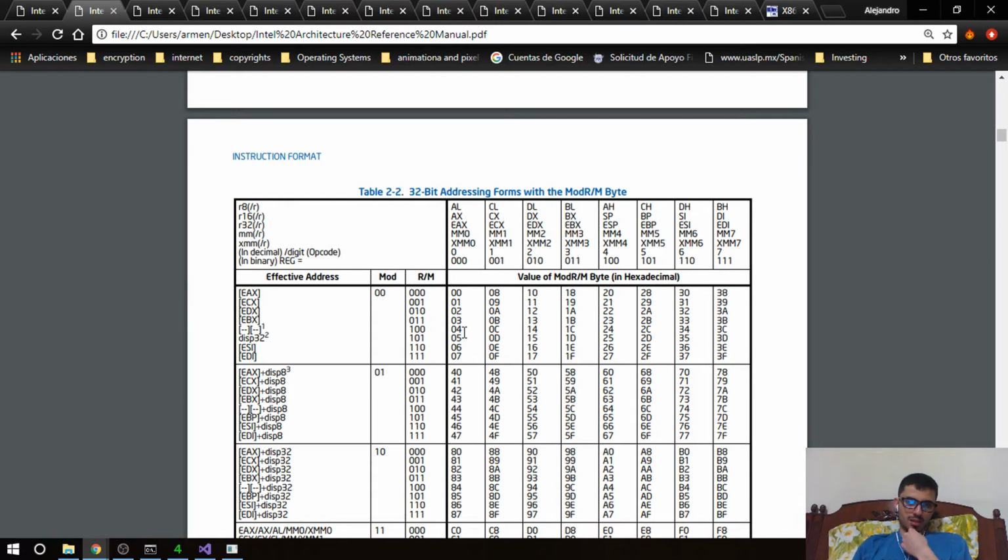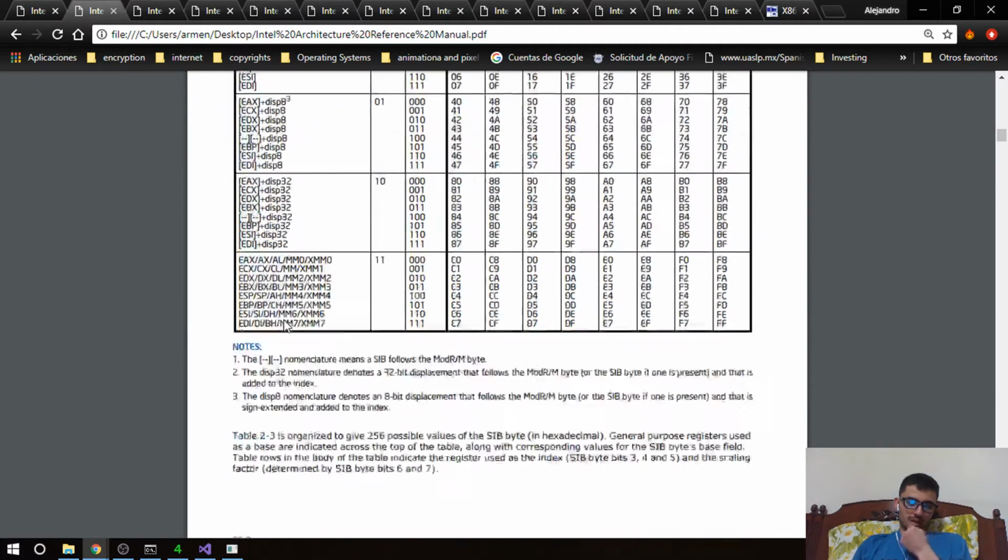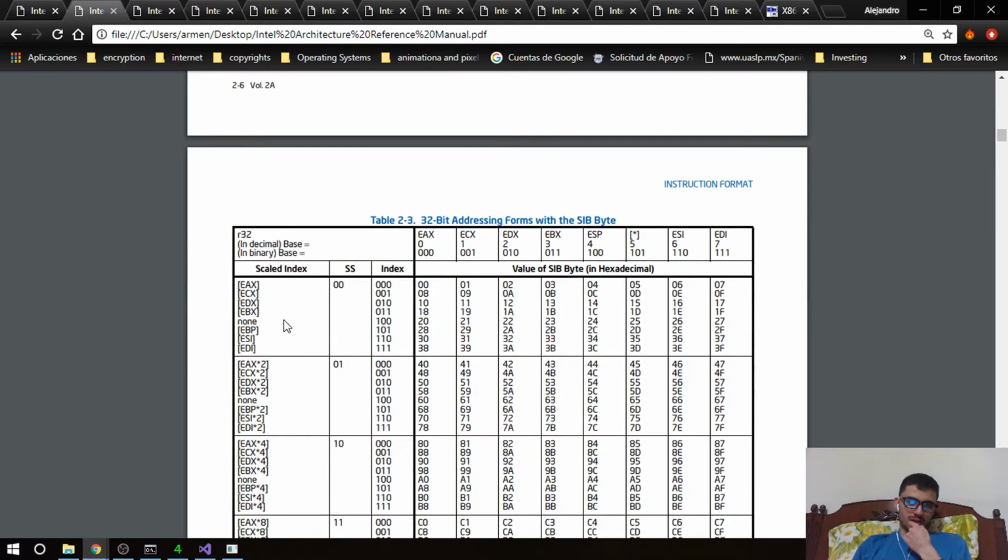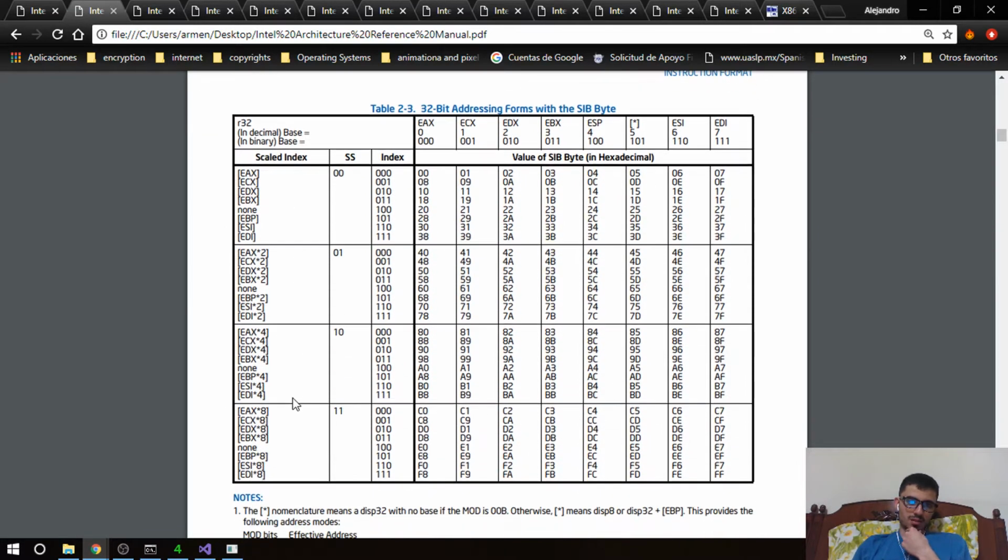That means we're going for the RM, so we care about this. And then we're going for the indexing, which is right here. But if you remember, we don't have anything here. So that's pretty much the thing that we now have to care about.